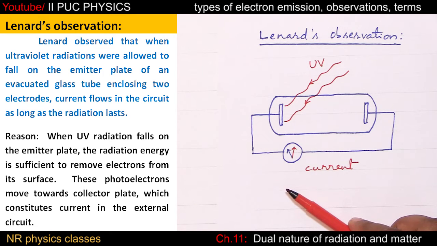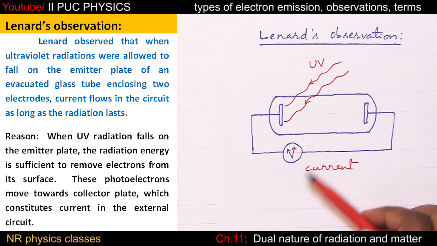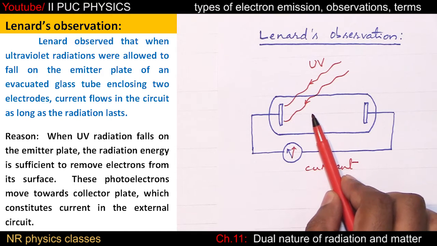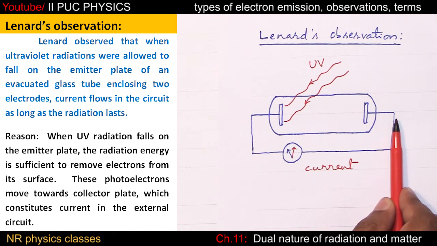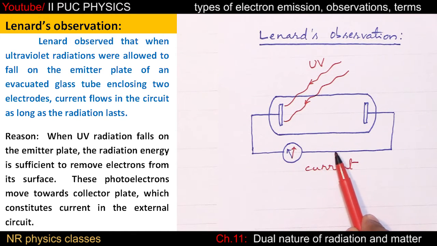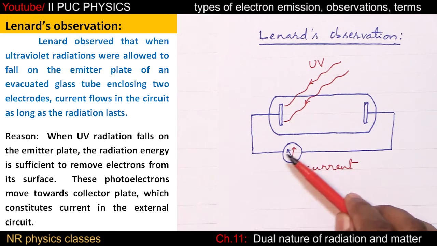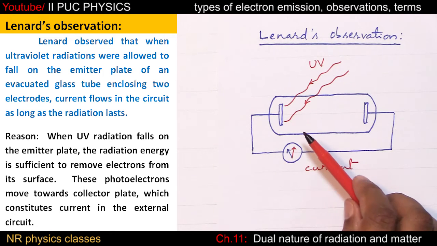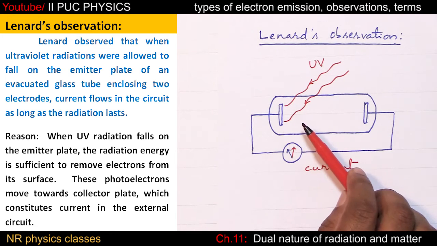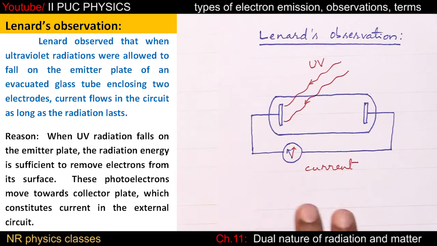When ultraviolet radiation falls on the emitter plate, radiation energy is sufficient to remove electrons from its surface. These photoelectrons move towards the collector plate, which constitutes current in the external circuit. Now you know the reason. But at that time they didn't have the concept of electron emission, so they just reported this.